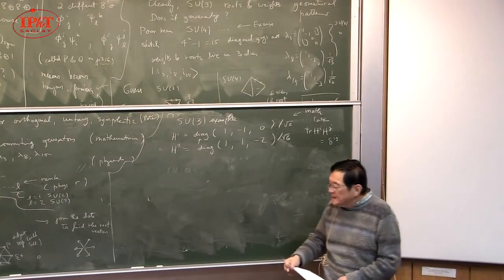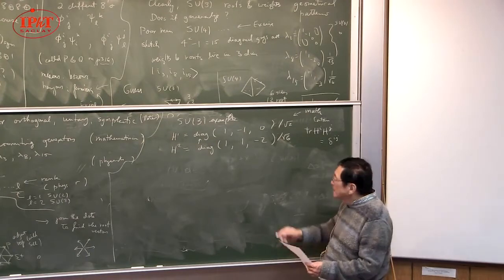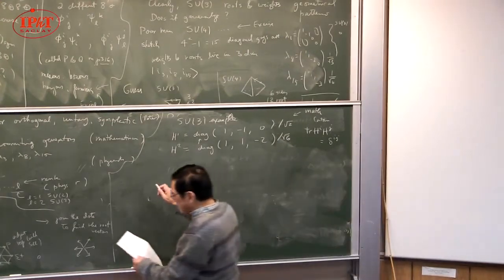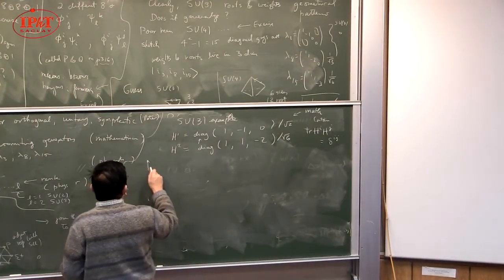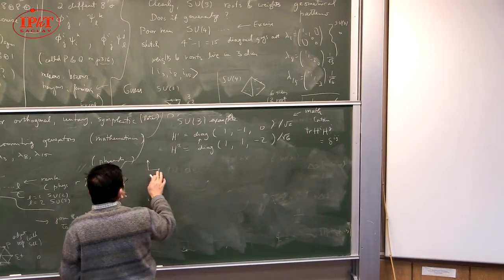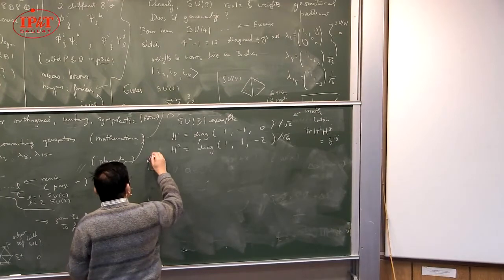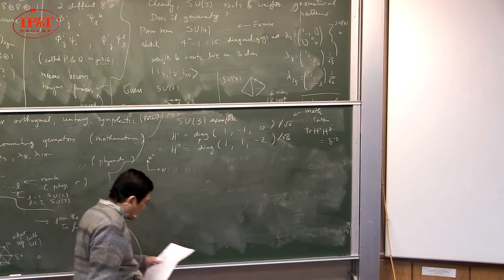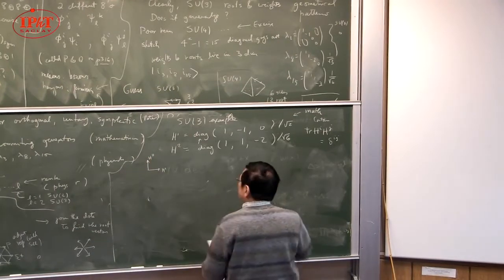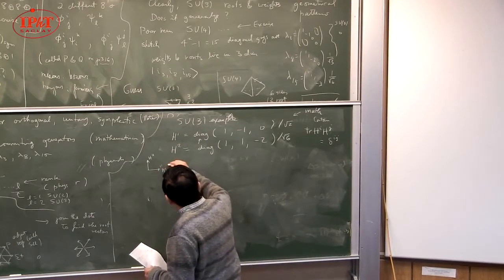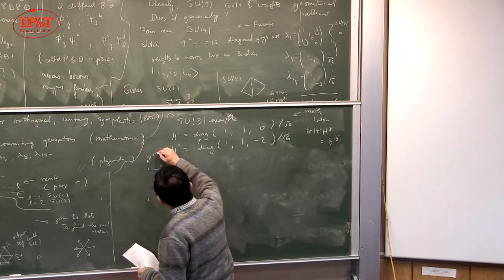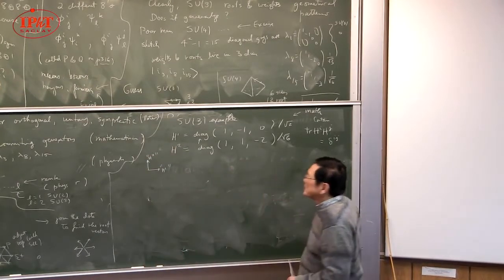Okay. Now, we say that the weights live in a two-dimensional space, and one axis is the eigenvalue of H1, the other is the eigenvalue of H2. So this notation means, let me put quotation marks, I don't mean to put the matrix on the axis.